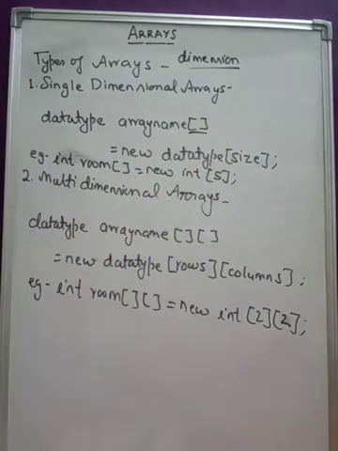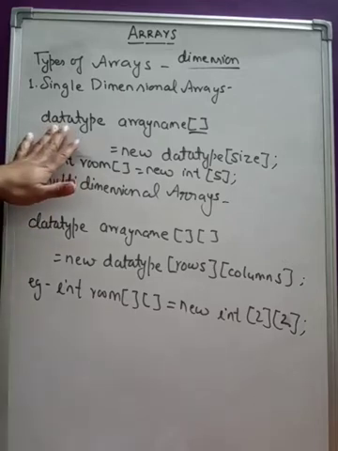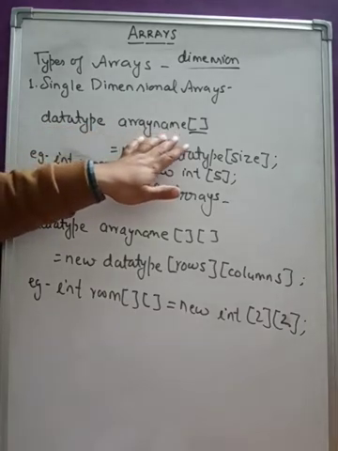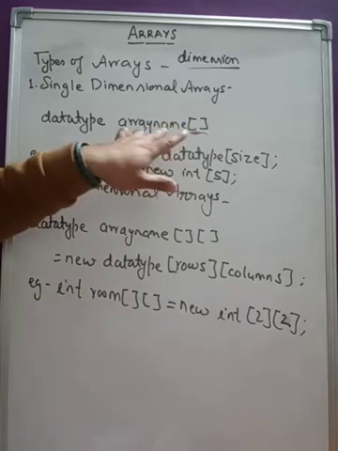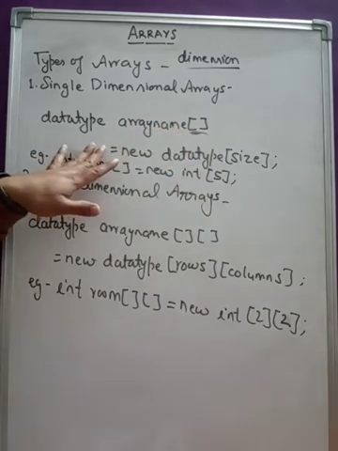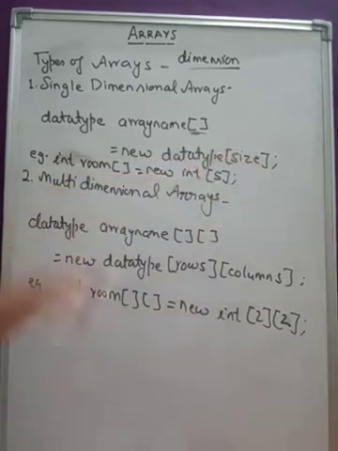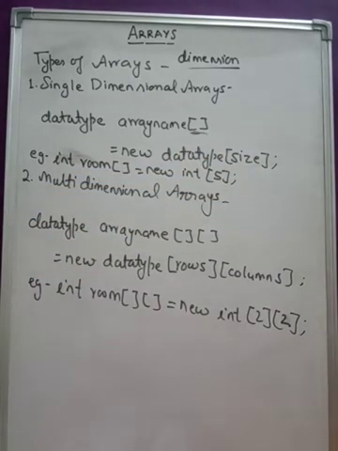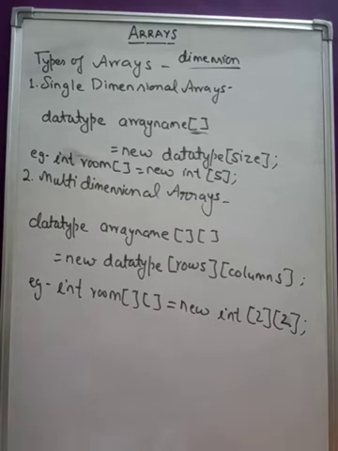Like I have told you about the declaration of an array, first the data type will come, then the name of the array, followed by the square bracket, and then you will write equal to new data type and then the size. Now you have to count the number of square brackets.